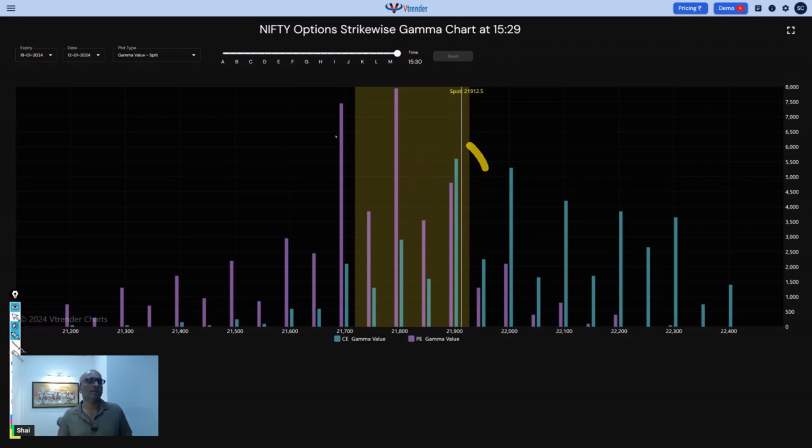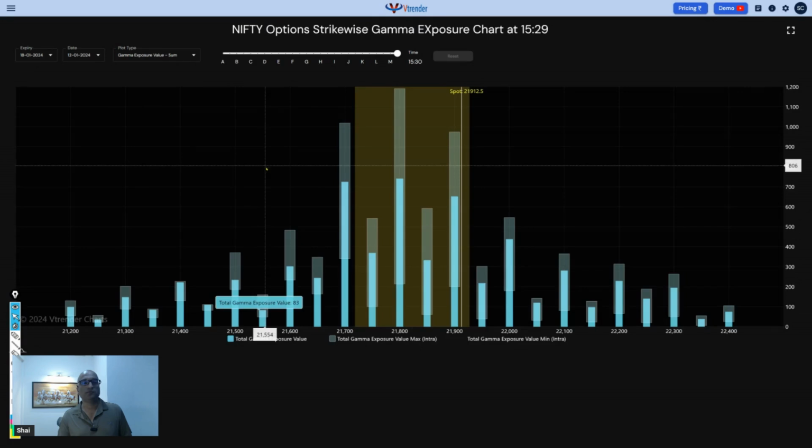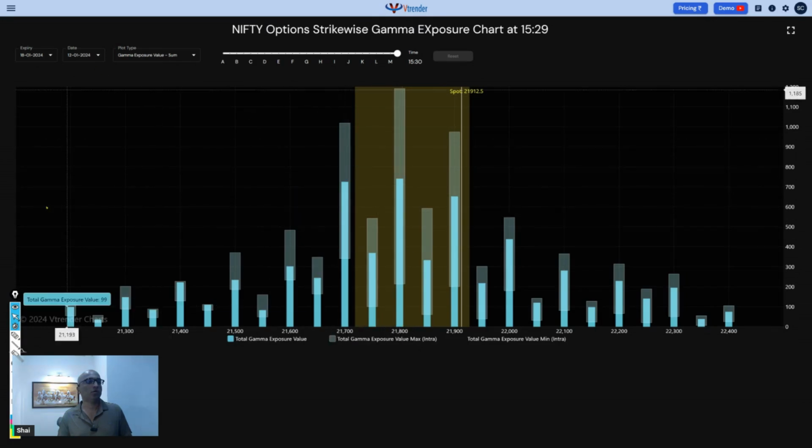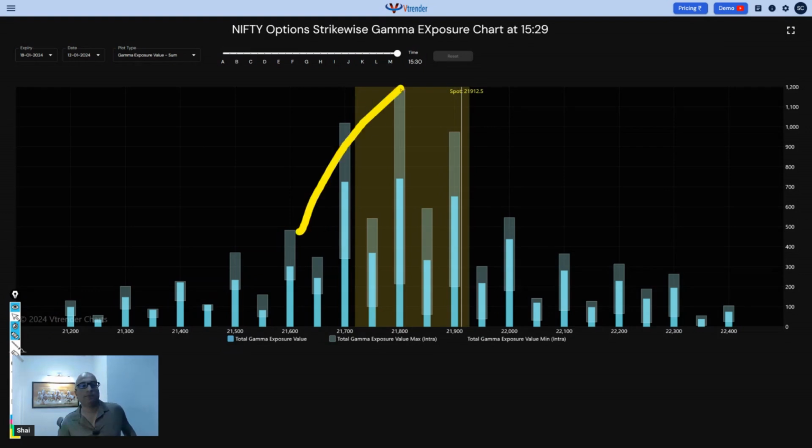So this is the way to understand gamma. A couple of things would happen still. Do your writing based on what gamma does, and you can look at the exposure value. This is still not an environment to write straddles, but I've spoken about this extensively on my Twitter feed also. I don't like to write straddles in an environment which is not like this.